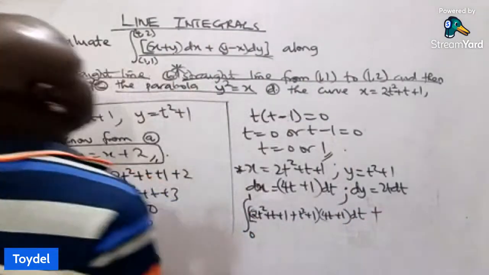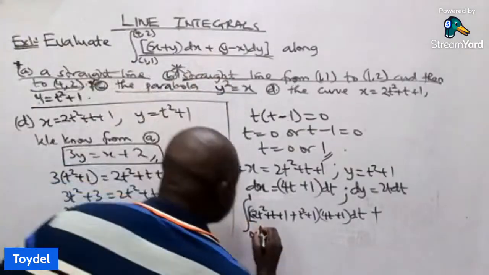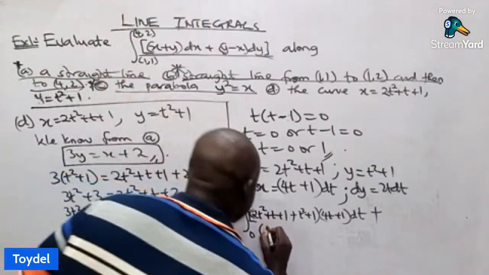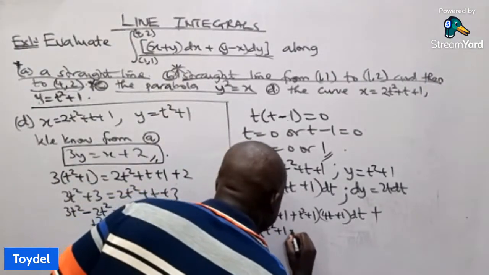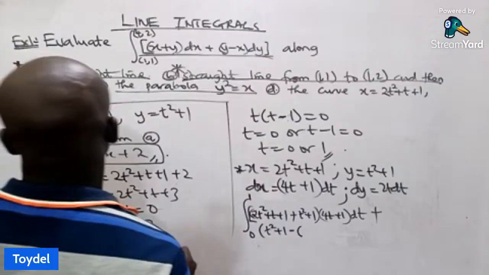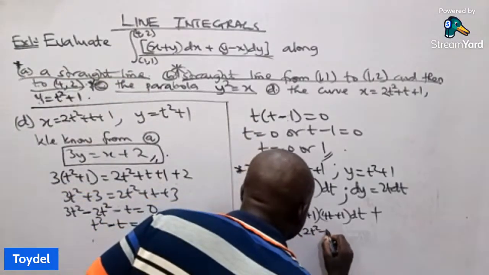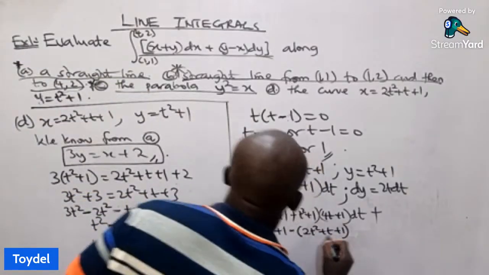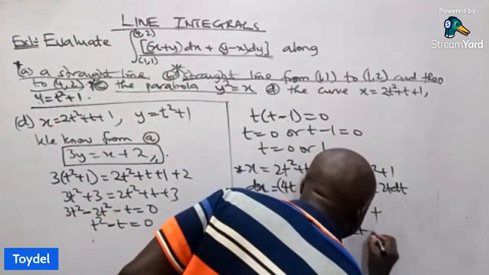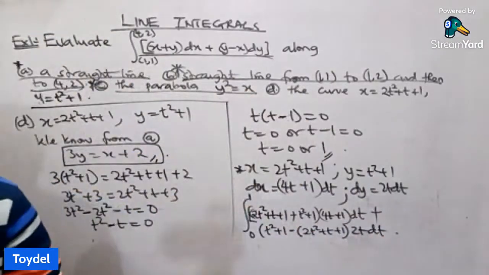Then plus, I'll go to the second one, into brackets, y is t squared plus 1 minus, into brackets, x is 2t squared plus t plus 1. Then dy is the same thing as 2t dt.